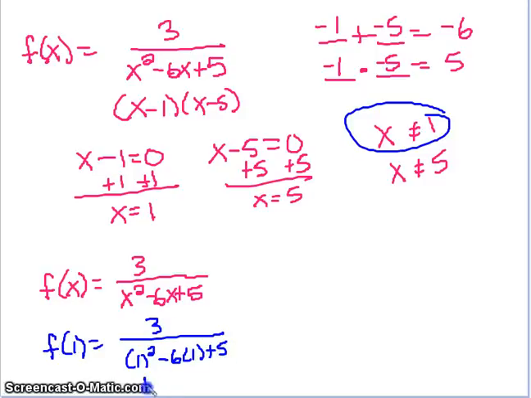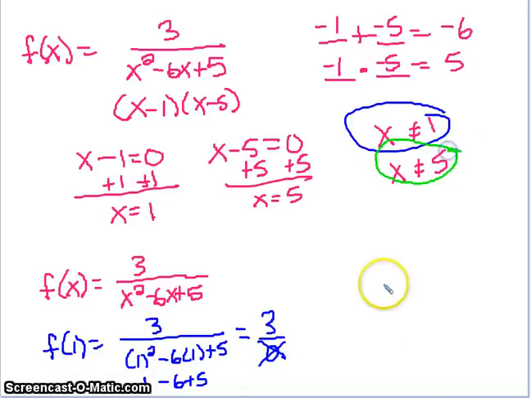Well, 1 squared gives me 1 minus 6 plus 5. And we should see 1 minus 6 is negative 5 plus 5 is equal to 0. So can 3 over 0 ever be a coordinate? No, doesn't work. So that shows us that we cannot have x equal to 1.